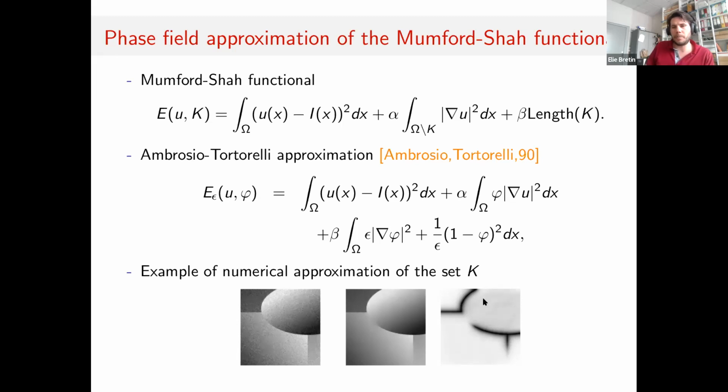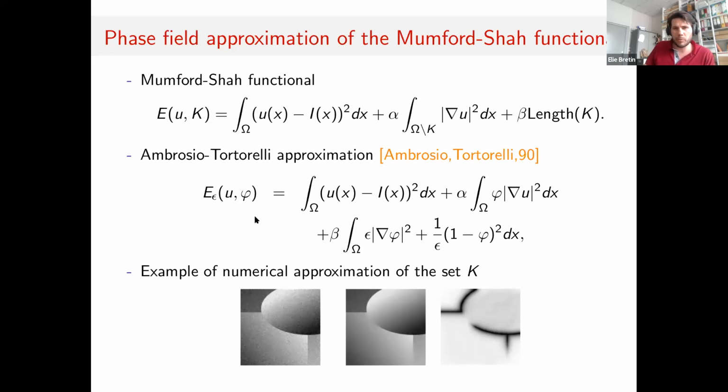I give you here some pictures of this approximation, where you see that phi is equal to 1 everywhere and vanishes on a diffuse version of the set K. In fact, the problem is to minimize this kind of energy. We have a lot of problems. I don't understand how you can obtain a minimizer easily, and for me, things are not as simple as using the Cahn-Hilliard energy.